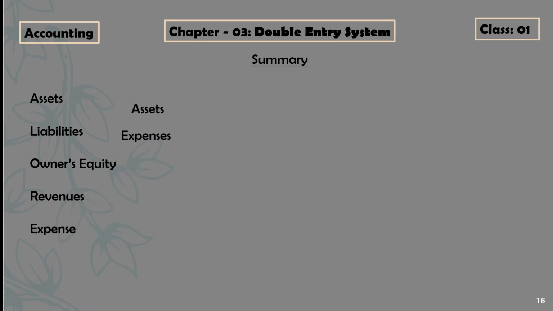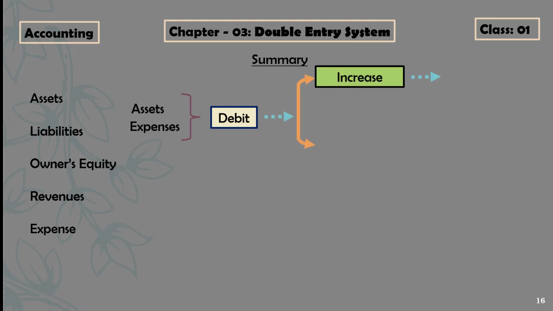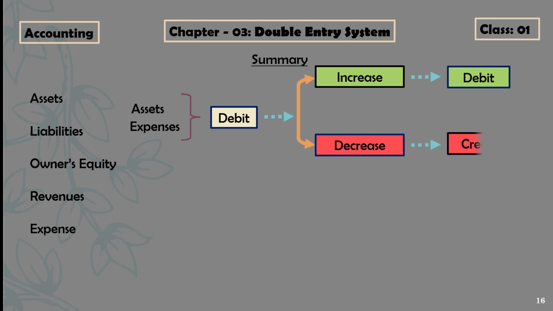Assets and expenses are always debit accounts, and they will either increase or decrease. If these 2 accounts increase, then we will debit them, and if they decrease, we will credit them.